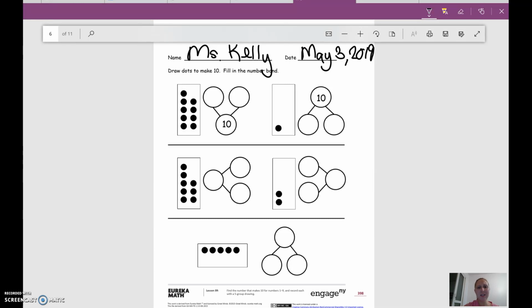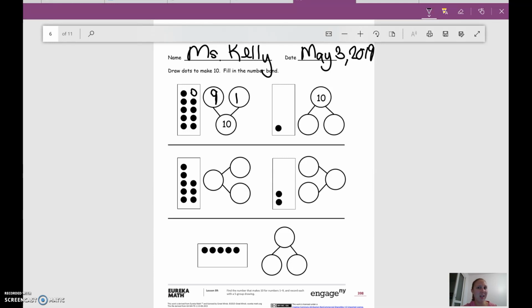I already noticed that there are 1, 2, 3, 4, 5, 6, 7, 8, 9 dots in the first one. So if I add 1 more, I'll get to 10. That means that 9 and 1 make 10. I notice the next one only has 1.